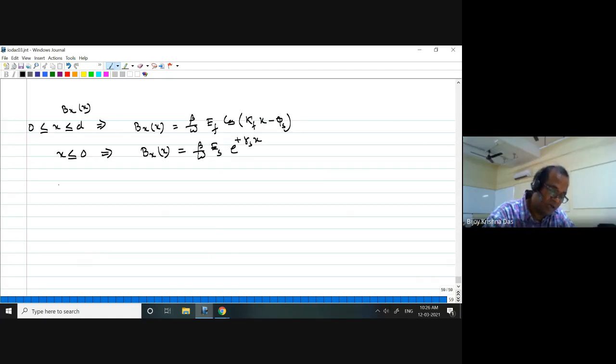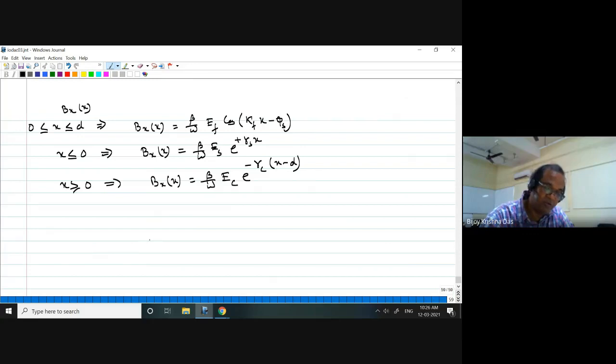And for the upper region, bx of x will be only beta by omega multiplied with Ey, so you write Ec e to the power minus gamma c times x minus d.